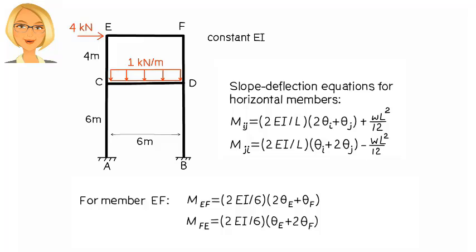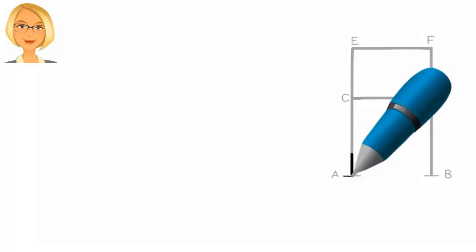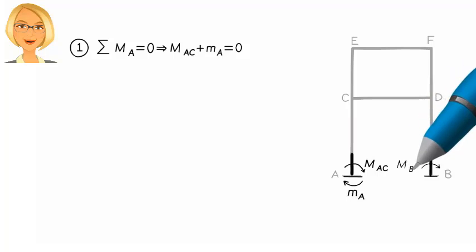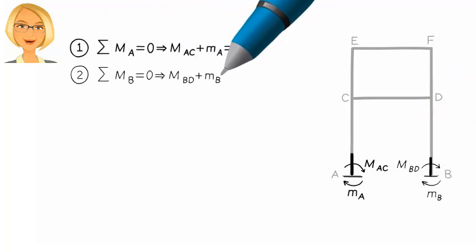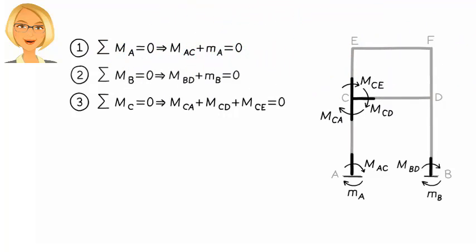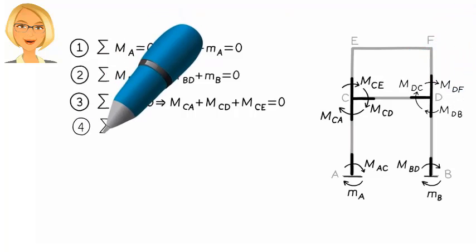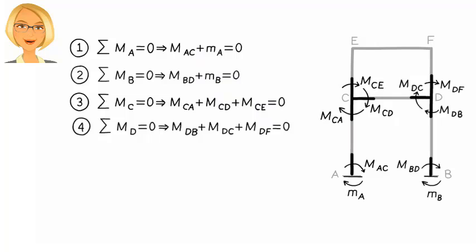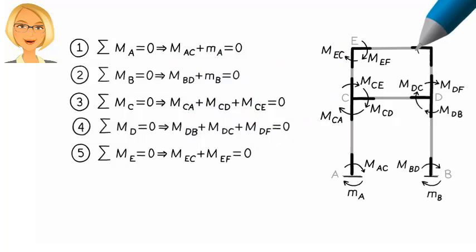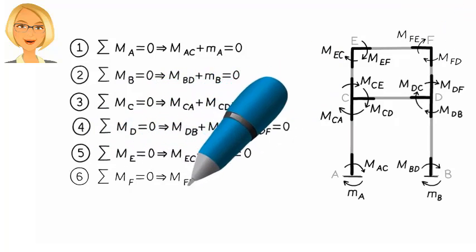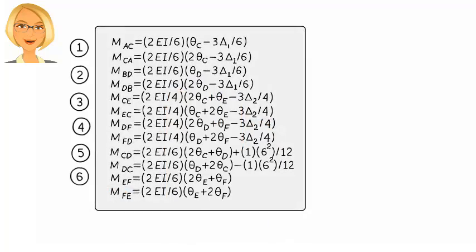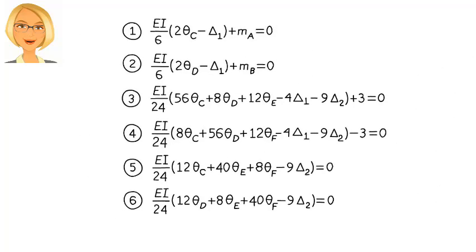Here are our 6 joint equilibrium equations in the expanded form. We can use the slope-deflection equations to expand the equilibrium equations to rewrite them in terms of the unknown slopes and deflections.